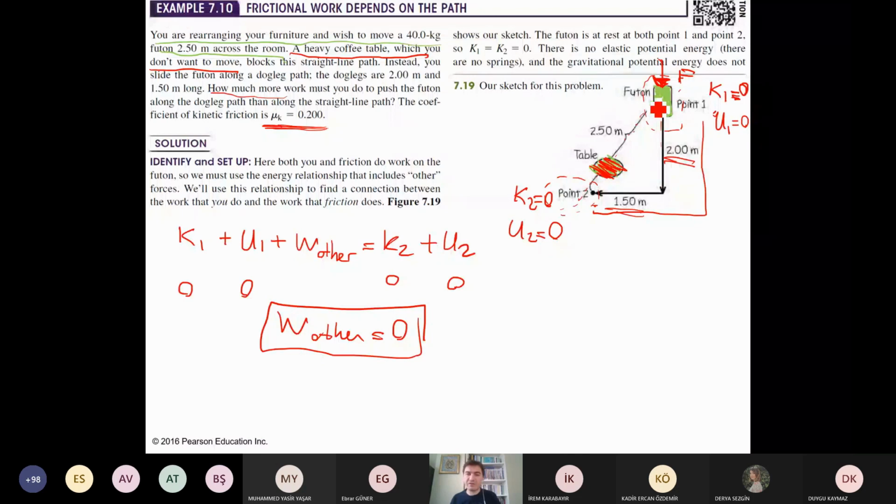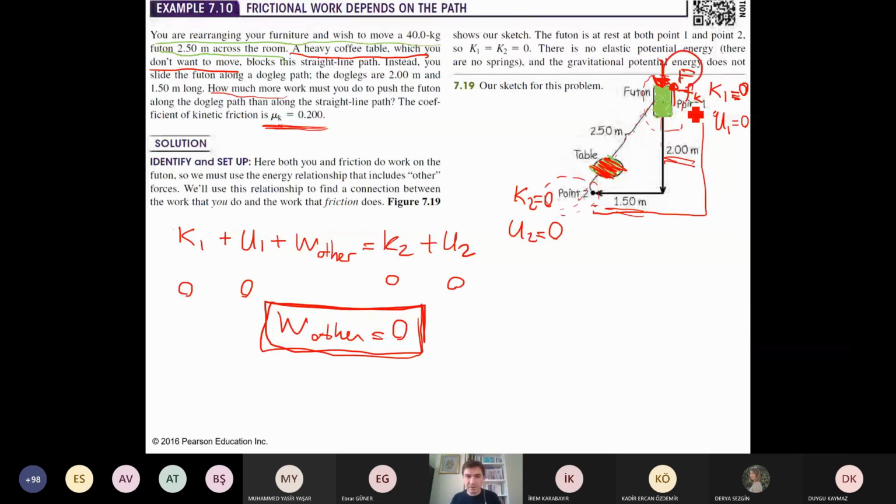This is the kinetic friction force. From this, you can understand that the work done by the push force is equal to the negative of the work done by the friction force.